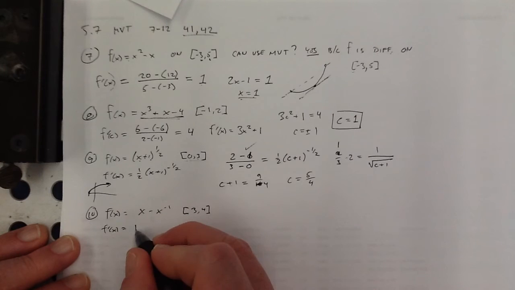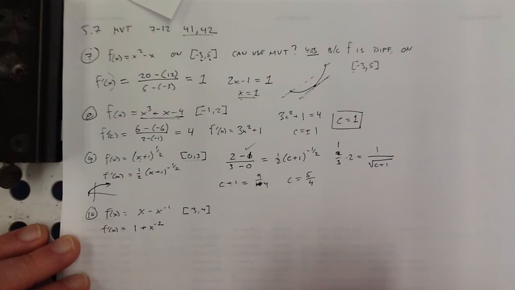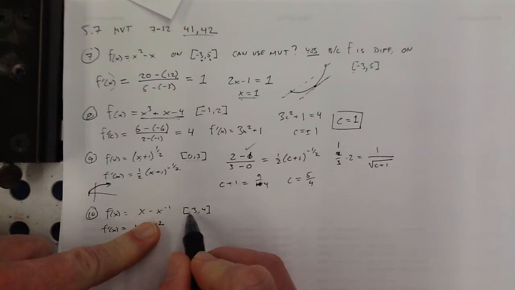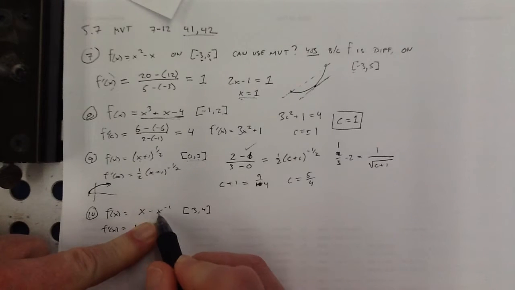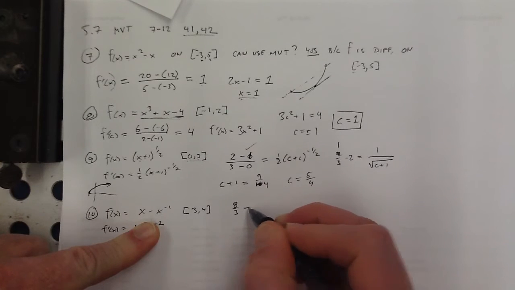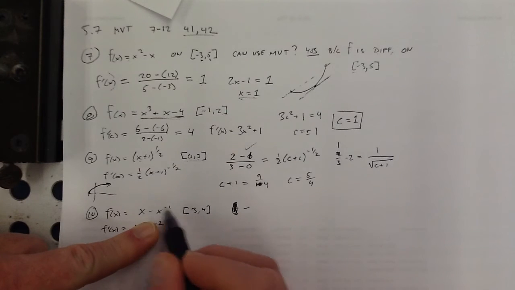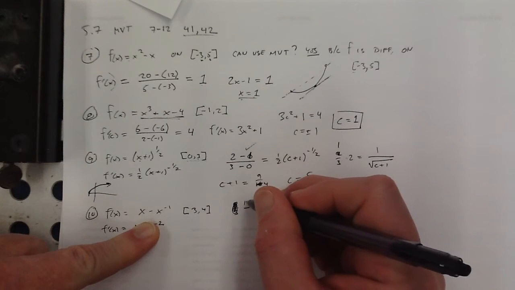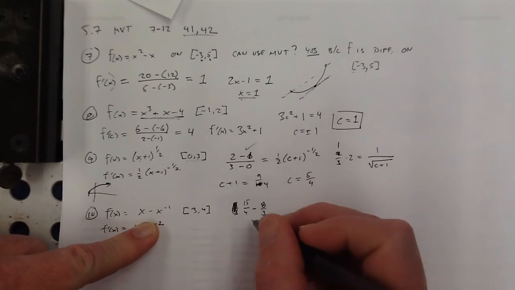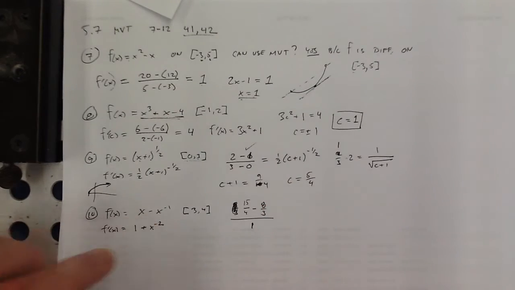The derivative would be 1 plus x to the negative 2. And my average slope is, when I plug 4 in here, I get 4 minus 1/4, which is 15/4, minus, when I plug 3 in, I get 3 minus 1/3, which is 8/3, over 4 minus 3, which is 1.